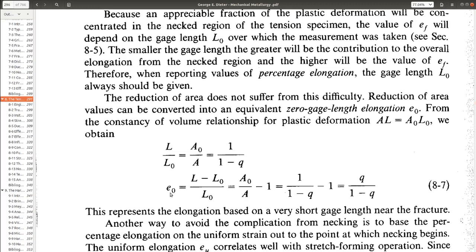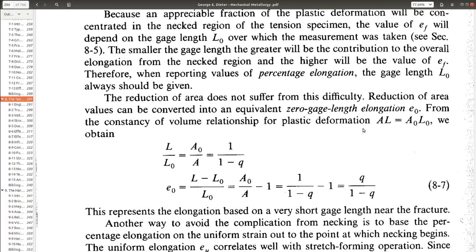In order to identify the relation between E and Q, we assume that during plastic deformation there won't be any change in volume. It's a volume preserving deformation. That assumption is based on experimental evidence, from which we have observed that there isn't any volume change.